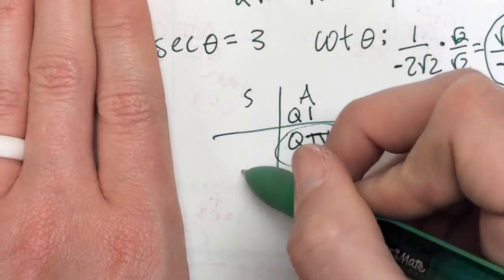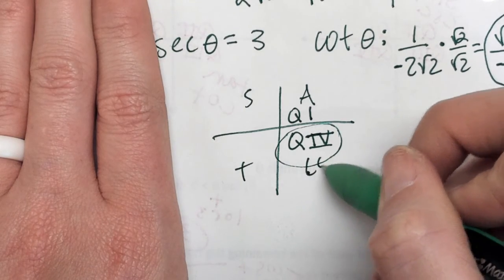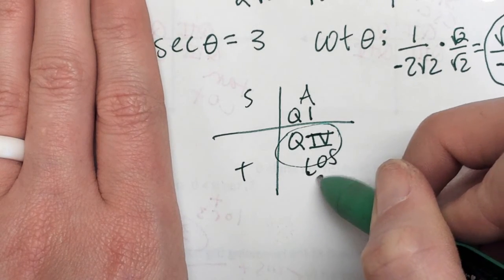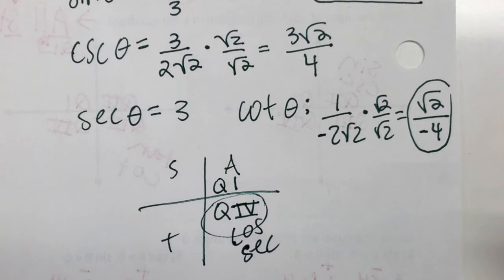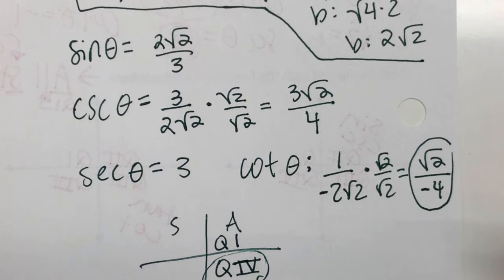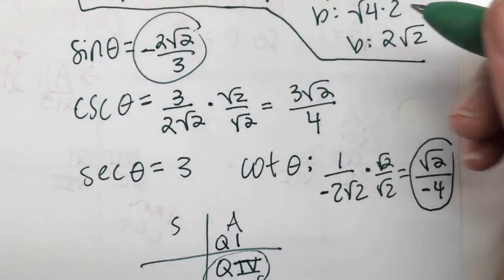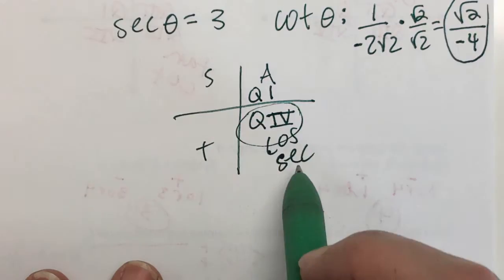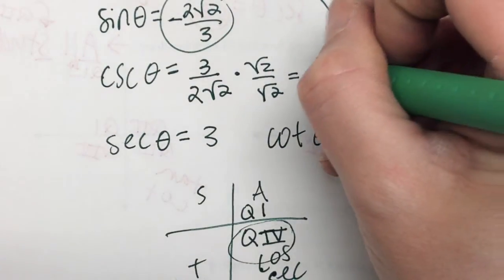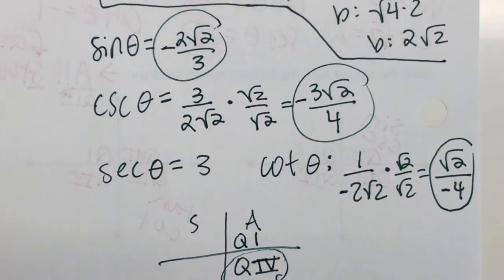All students take cosine and what? Good. So which ones need to be negative up here that I don't have negative? Sine and not secant. Cosecant. Good. Questions about that one?